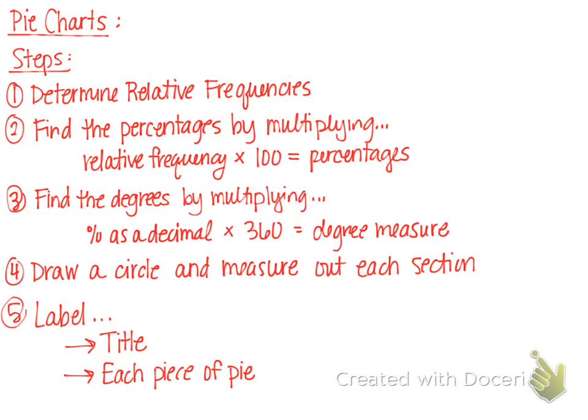And then after you do that, make sure you label everything. You want a title on your pie chart, and you also want each piece of pie labeled. Okay, so I can only do steps 1 through 3 with you. Step 4 and step 5, you need a compass and a protractor to draw your circle and to measure out your sections. And Coach Cam can help you with this, and also Miss Salufo tomorrow.